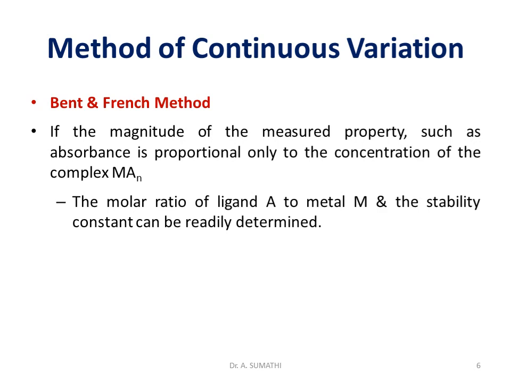That is the basic principle: absorbance is proportional only to the concentration of the complex. Using this relationship, they could determine the molar ratio of ligand A to metal M and also the stability constant.